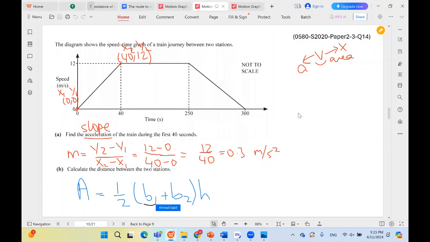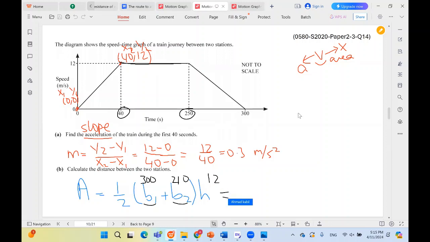B1 is 300. B2 is 250 minus 40. These two numbers here get us this distance. And then 250 minus 40 is 210. And the height is 12.